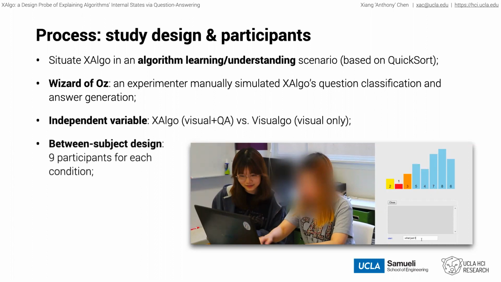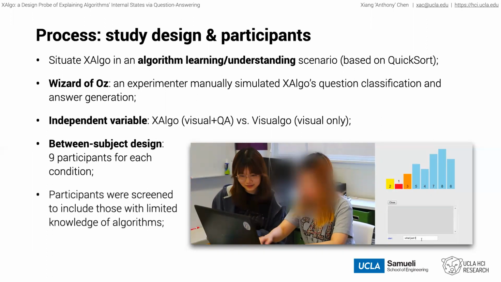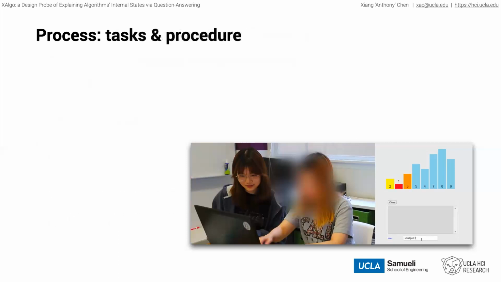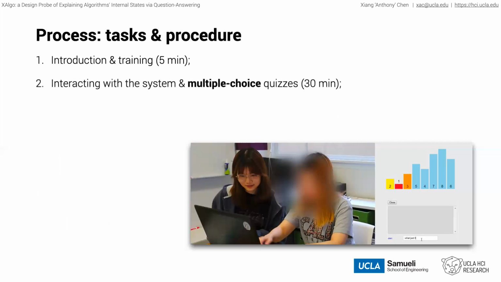We employed a between-subject design with 9 participants for each condition, and they were screened to make sure that they had limited knowledge of algorithms. The process is quite straightforward. There was introduction and training, followed by interacting with the system, doing some multiple choice quizzes, and the final walkthrough where they have to play the algorithm to actually sort a simple array of elements, and a post-study interview.